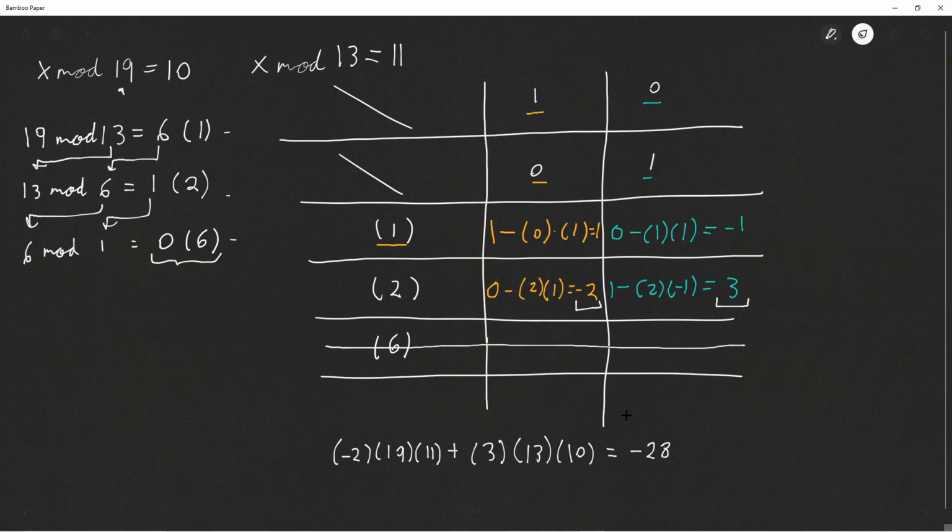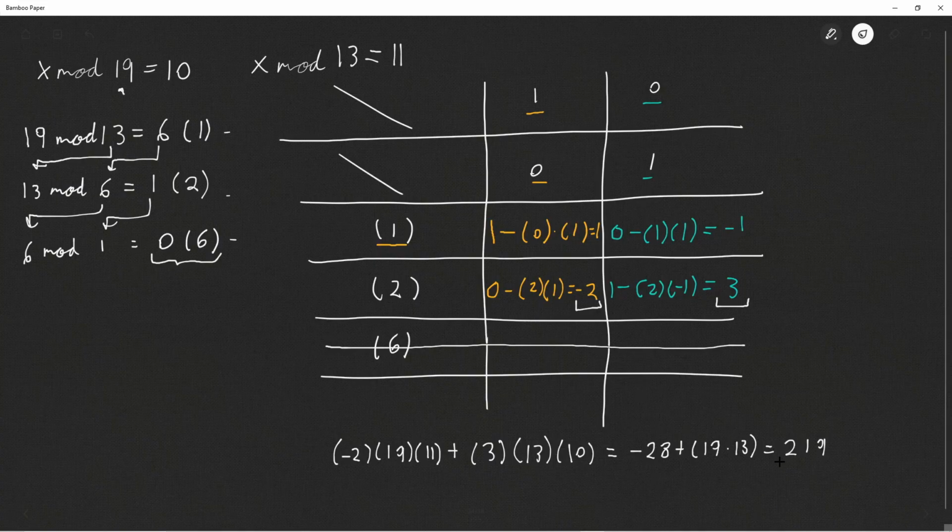However, if you remember, to make it a positive number as our answer for the modulo, we need to add our number that we're taking the modulo. However, in here we have 19 and 13. So what we need to do is add it with 19 multiplied by 13, which will give us 219.